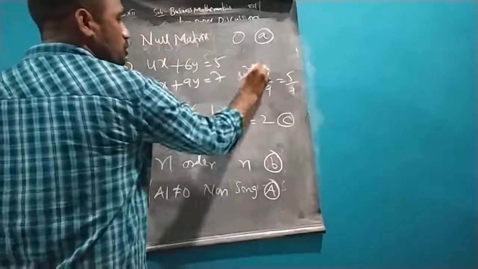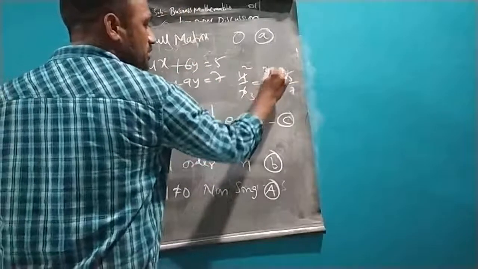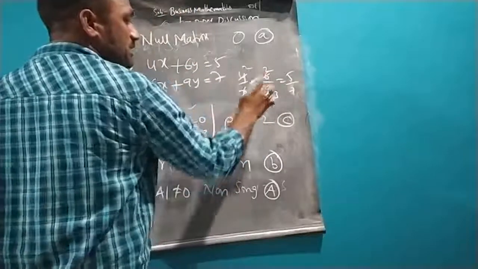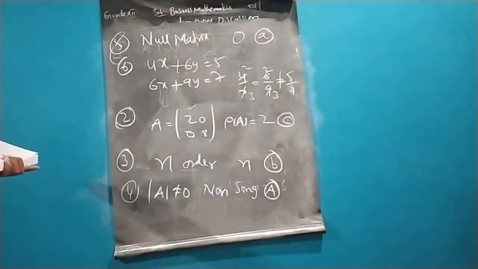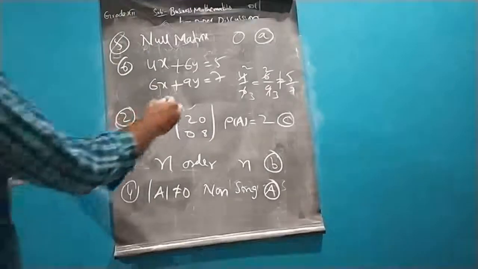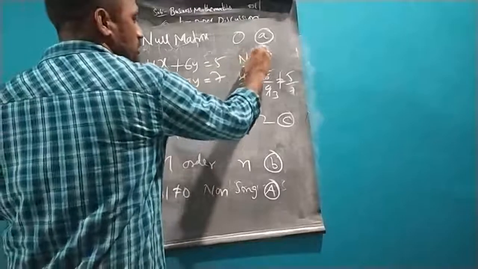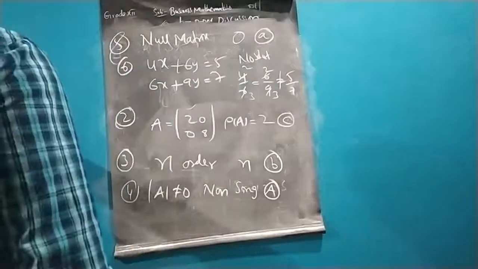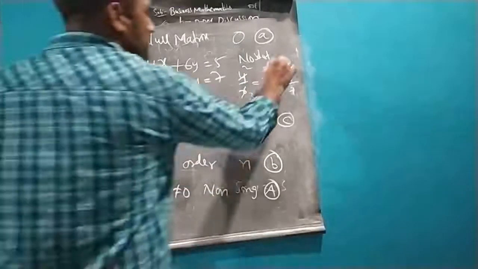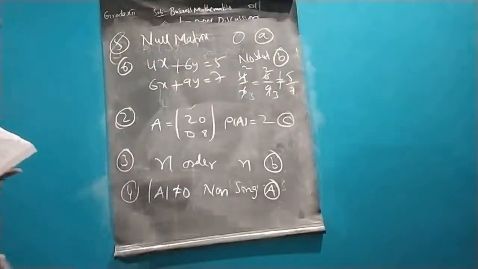So 2 by 3 is equal to 2 by 3 but not equal to 5 by 7. So we have no solution, because parallel lines have no solution. So no solution means option B. For the sixth question, option B is correct.